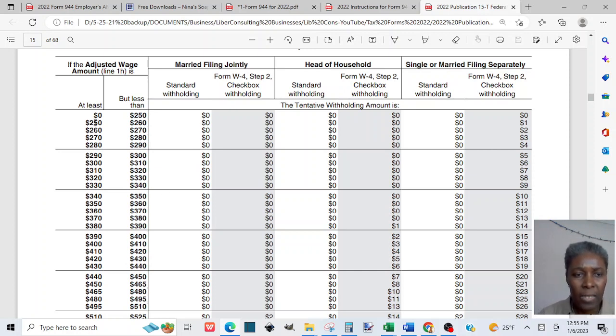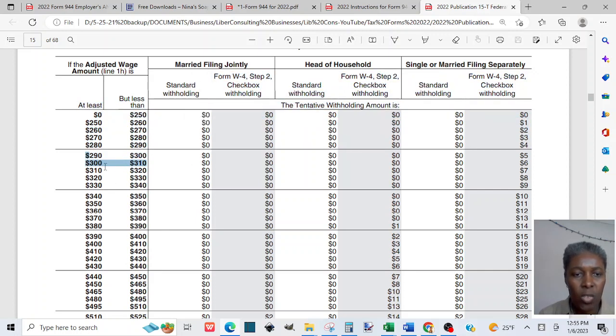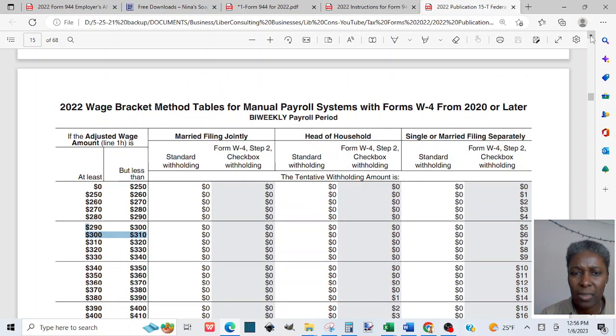Let's say you are paying yourself, let's work with this every 2 weeks, a low dollar amount, but okay, $300.